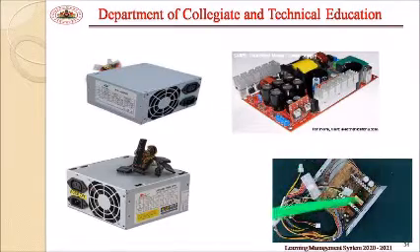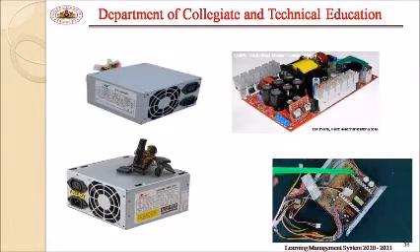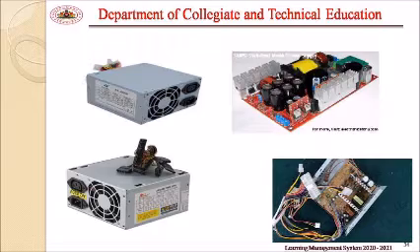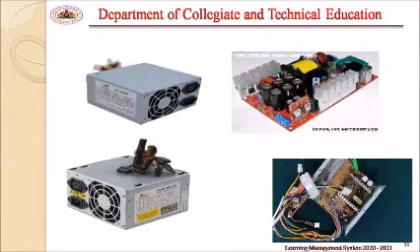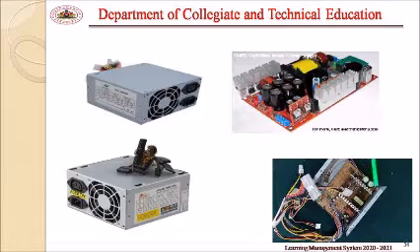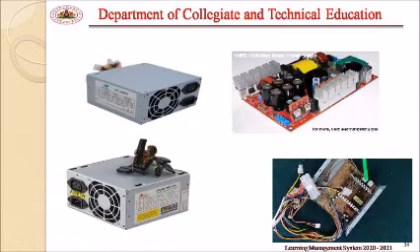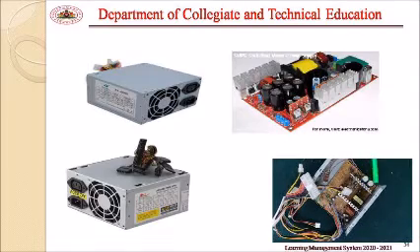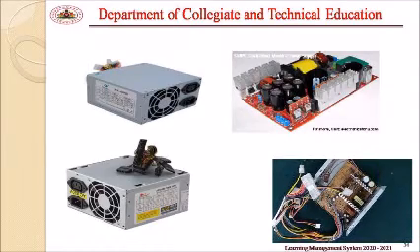It mainly consists of a rectifier, a bridge rectifier, that is 4 diodes you can see. These 4 diodes act like a bridge rectifier to convert the input AC into DC. The output of the rectifier is given to the filter part. These are the 2 capacitors. These capacitors convert the pulsating DC into pure DC.